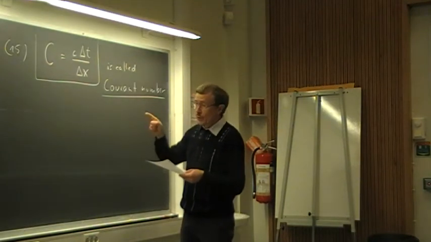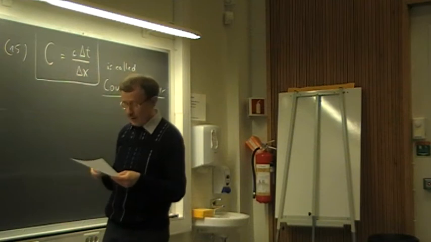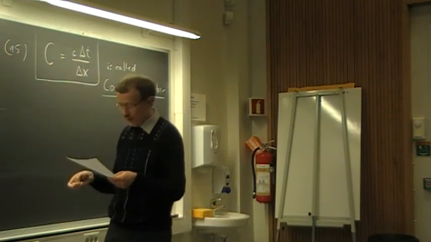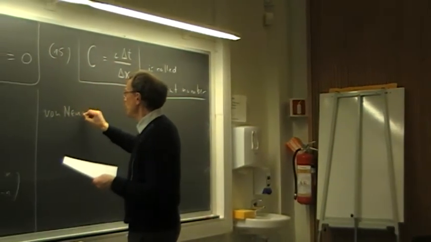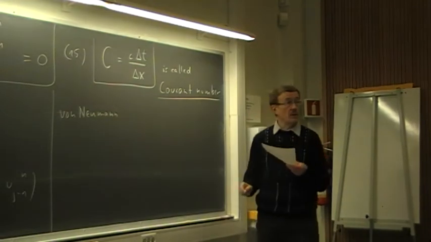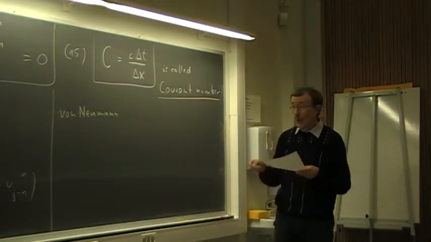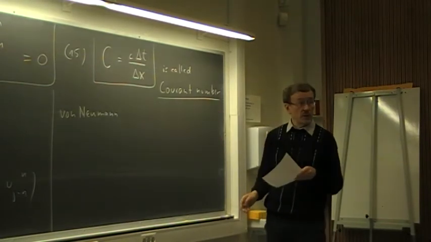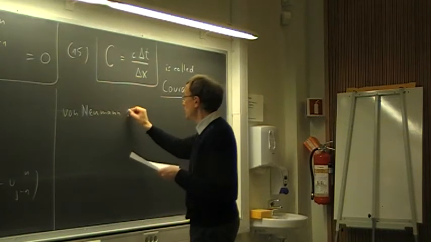And what we want to do now is to do a von Neumann stability analysis to see what are the stability properties of this scheme. That will be similar to what we did for the forward time-centered space and also the implicit Euler method for the heat equation, but now we apply it to this discretization of the linear advection equation. So this technique that we learned is quite general.